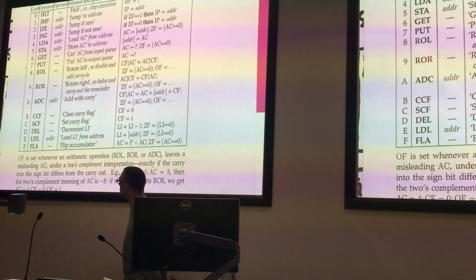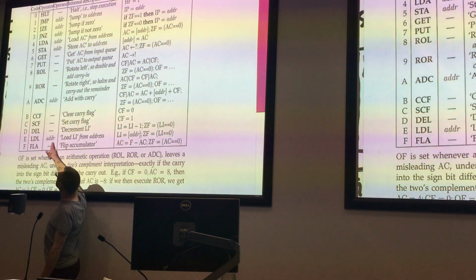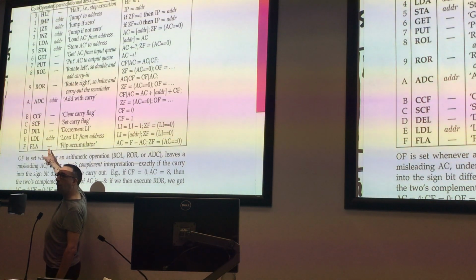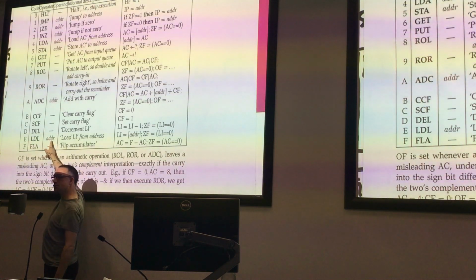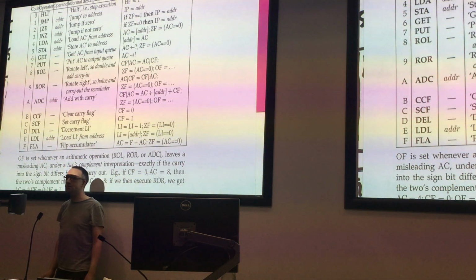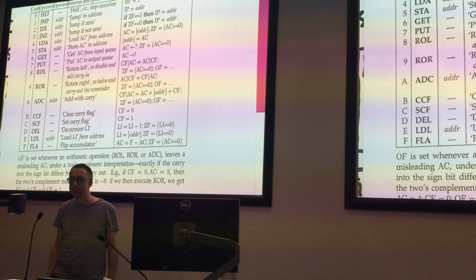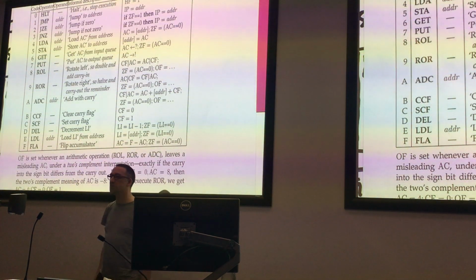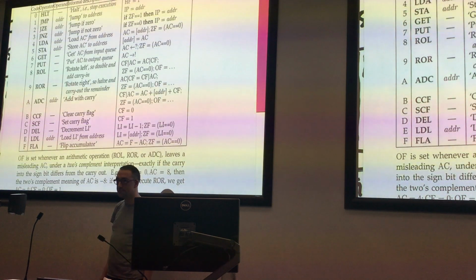So first of all, we look in the second column to see whether there's an operand or not. And when you see adder, which is short for address, in the operand column, that means the instruction does have an operand, and that operand will represent an address.